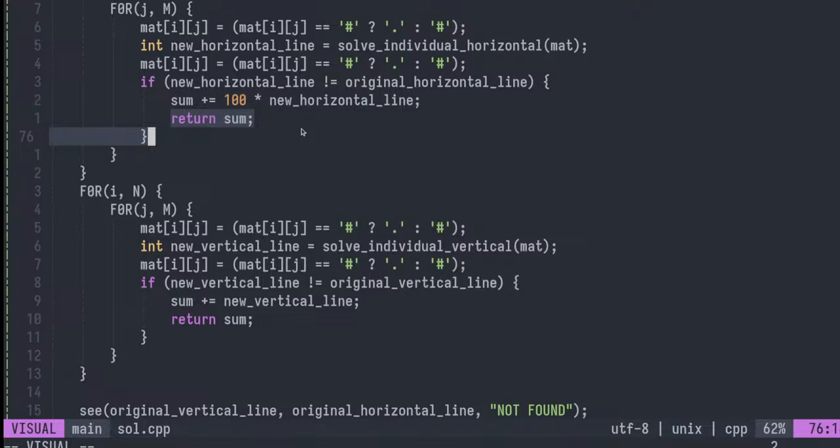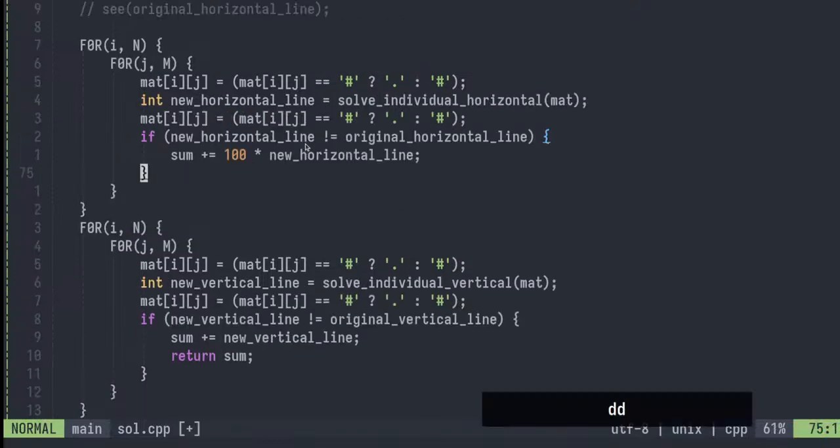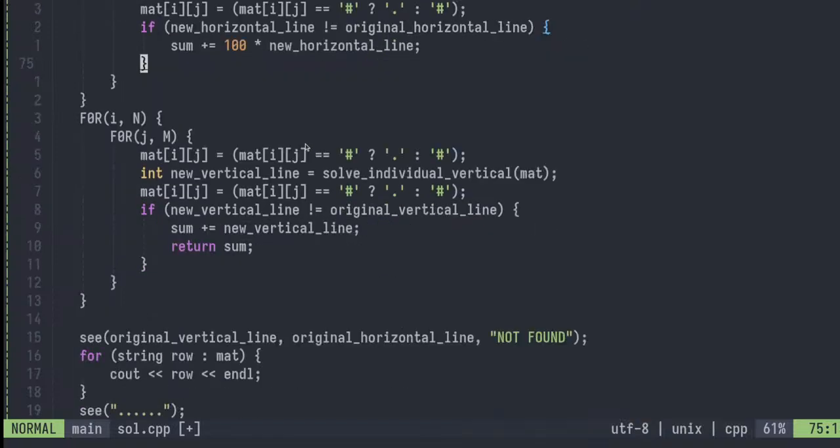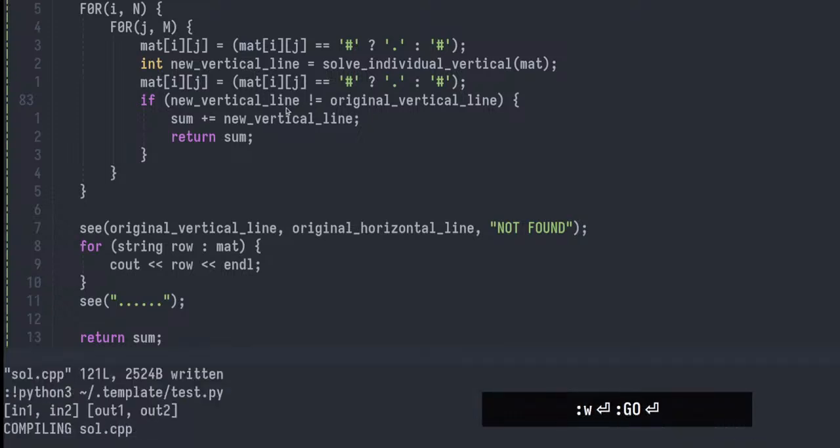Because I'm returning from here. Is that the case? Maybe. Even I'm returning from the next case, right?